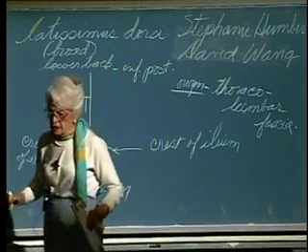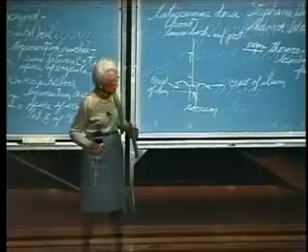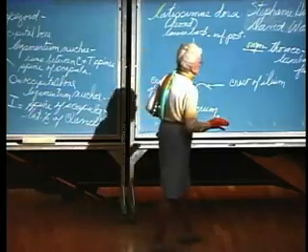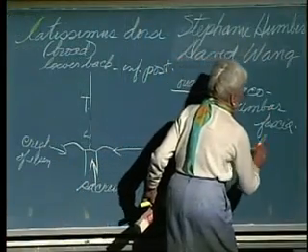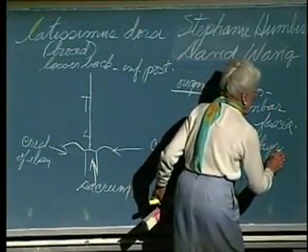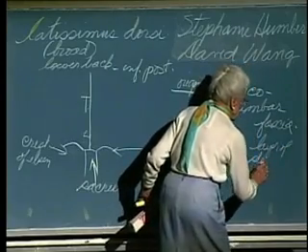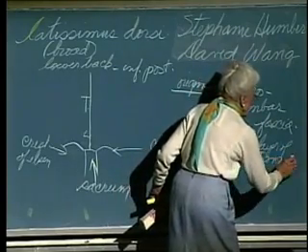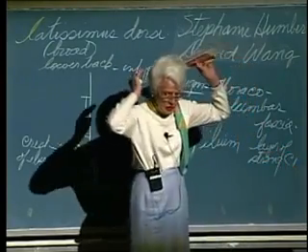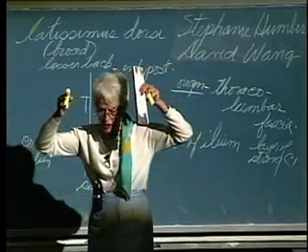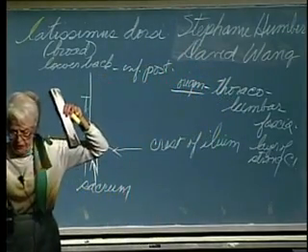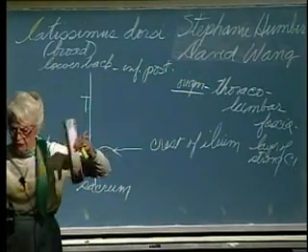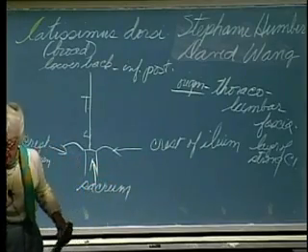Fascia is a layer of strong connective tissue. We've had fascia as an aponeurosis. Essentially, that was a layer of thick, heavy connective tissue. Fascia is essentially the same.